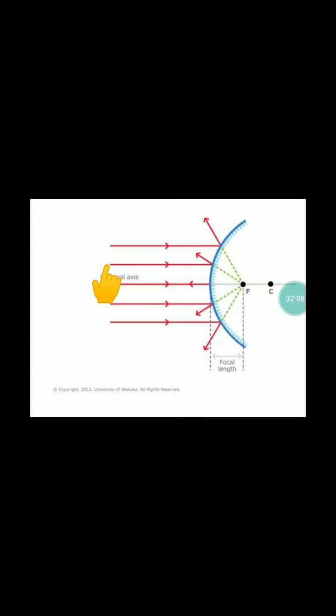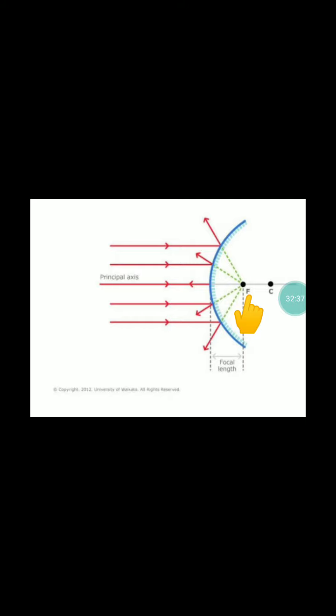Once again, listen. This is your incident ray. Take the example of this ray. This ray is coming, and after the reflection, it will diverge like this, and it will appear to come from this point. This point is called the focus of convex mirror. It is also represented by the letter F, and it is a virtual point, and it always lies behind the convex mirror.